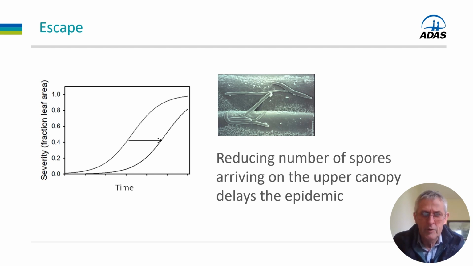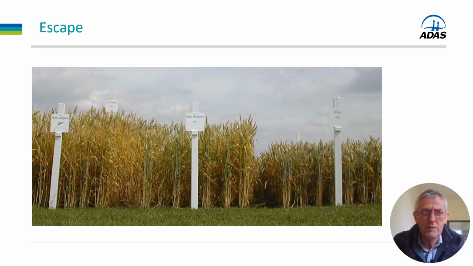Now, unfortunately, plant breeding during the 60s and 70s had rather the reverse effect to this. If we go back on the left of this image to old varieties such as Maris Widgeon, they were very tall, and that effectively reduced the movement of spores up the canopy.